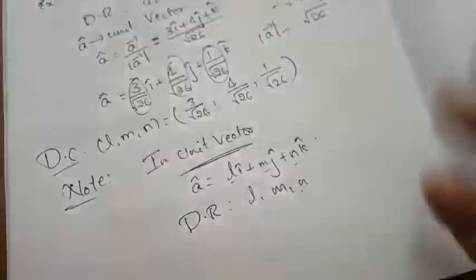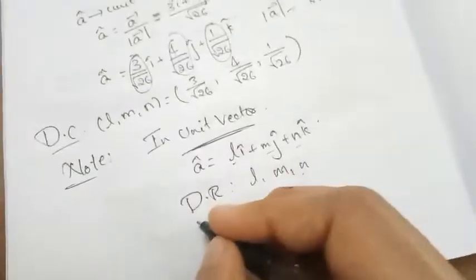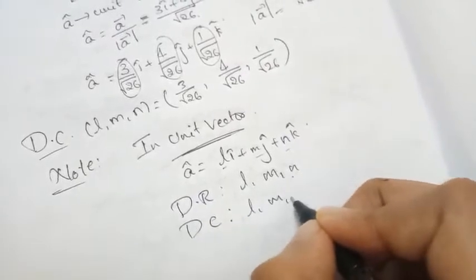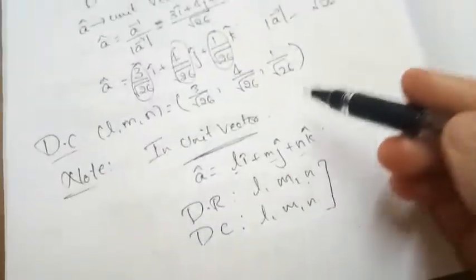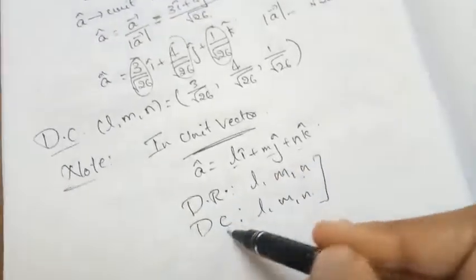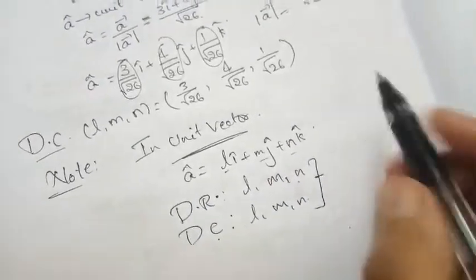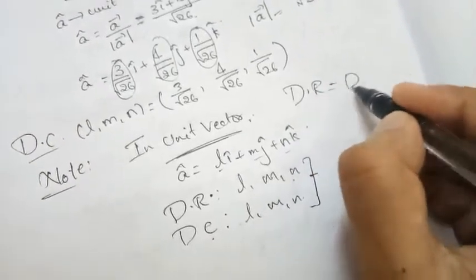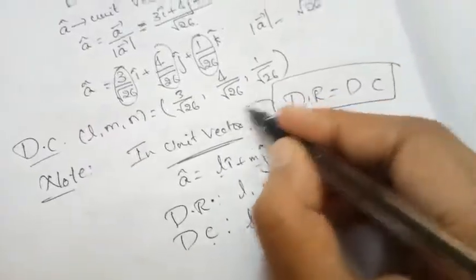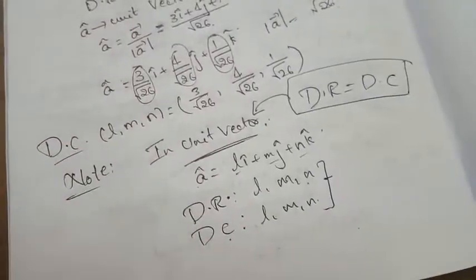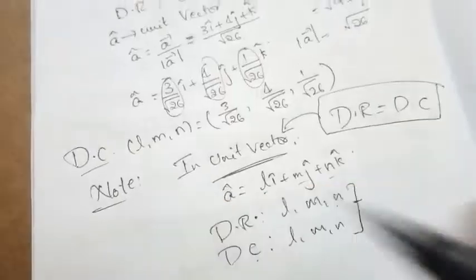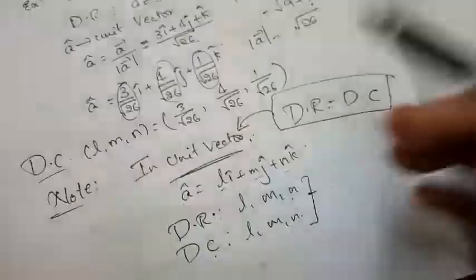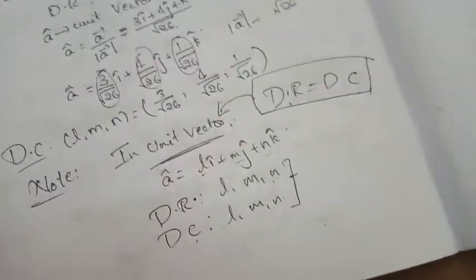That given vector might be a unit vector also. What about the direction cosines? Since it is a unit vector, the direction cosines are also l, m, n. So in a unit vector, the direction ratios and direction cosines are always equal. This is one of the important things which you need to keep in your mind. So this is regarding the direction ratios and direction cosines.